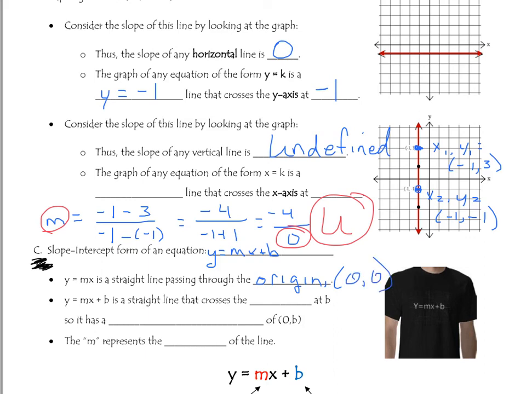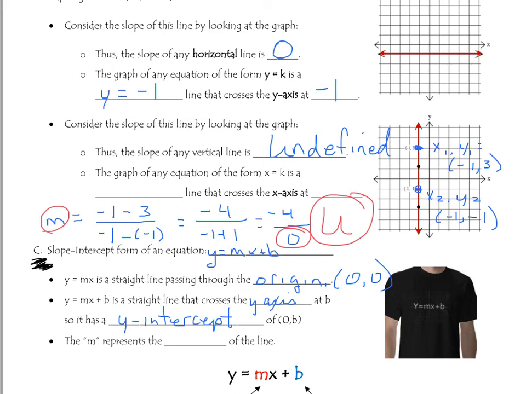Y equals mx plus b is a straight line that crosses the y-axis at b, so that it has a y-intercept of (0, b).